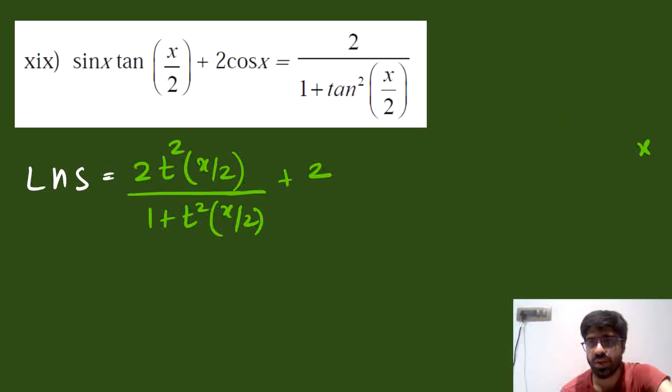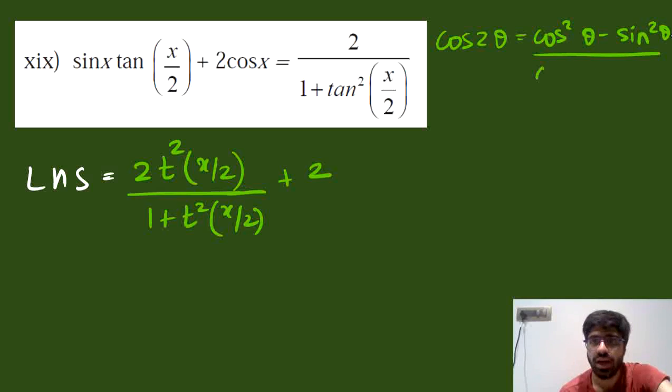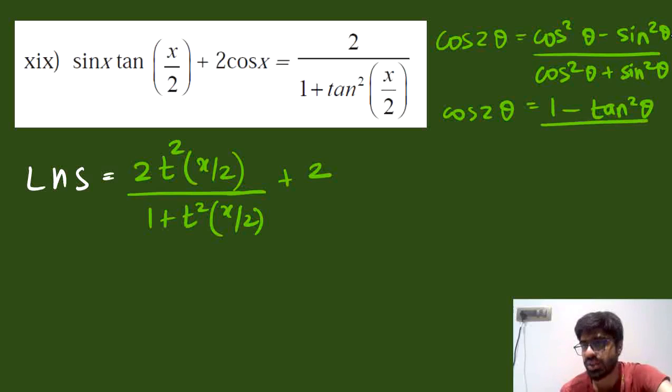So what we can do is, we know the formula for cos 2 theta. That is cos square theta minus sin square theta. We can think of it as a 1 in the denominator, and we can write it as cos square theta plus sin square theta. If you divide the numerator and denominator with cos square theta, the first term will be 1 minus the second term would be sin square theta upon cos square theta, which is tan square theta, and the denominator similarly will become 1 plus tan square theta.